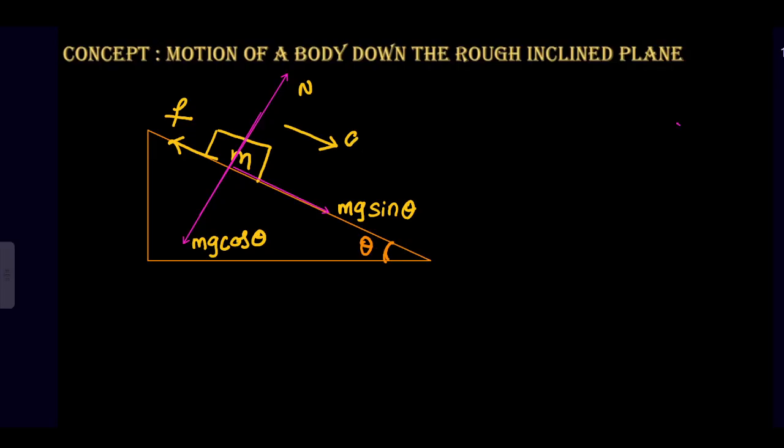Let us consider acceleration A. You tell me now, acceleration A will be equal to what? This is acceleration A, which is equal to net force by total mass, and the net force is mg sin theta, along the acceleration, minus F, divided by M. F is the frictional force.